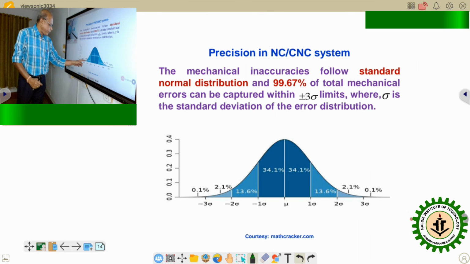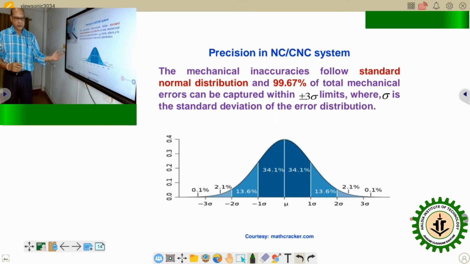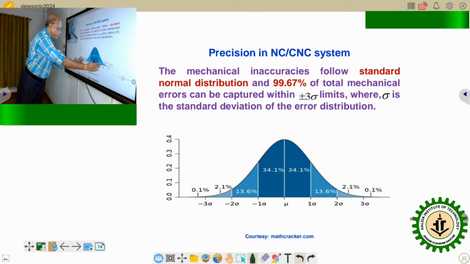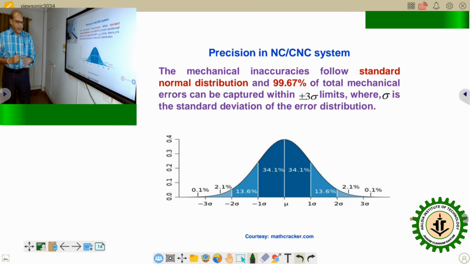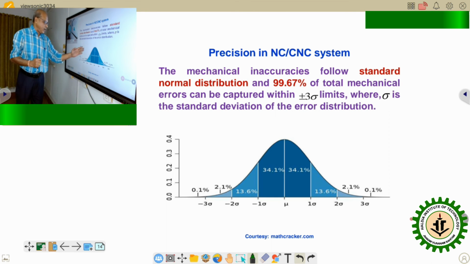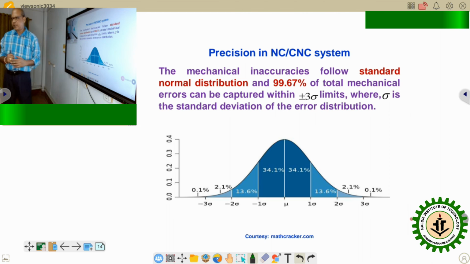Additional 27.2%, that means 13.6 multiplied by 2, if you add with the previous one, then that portion of the error will come within plus minus 2 sigma. And within plus minus 3 sigma limit, almost 99.7% of the error can be captured. Almost 100%. So the entire mechanical error can be captured or represented by plus minus 3 sigma.